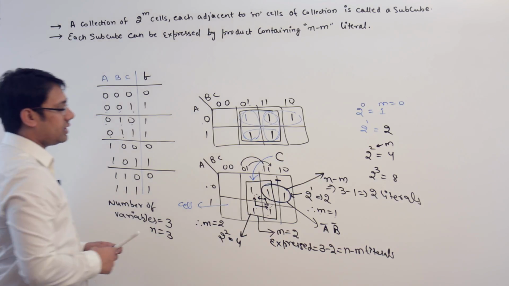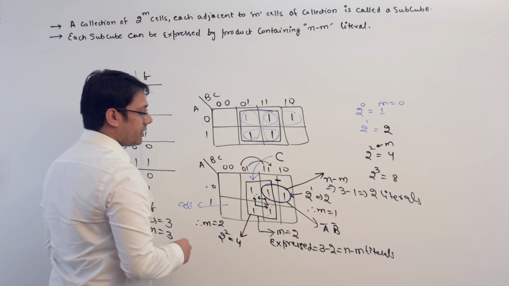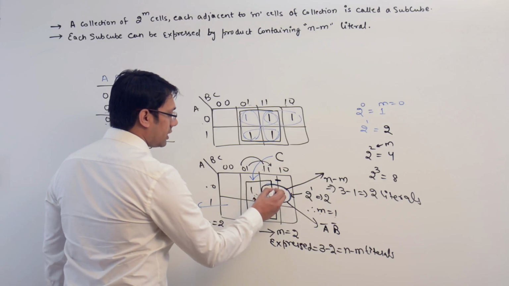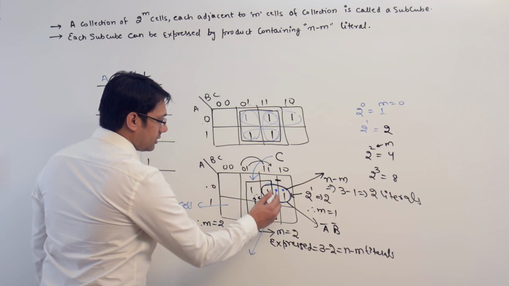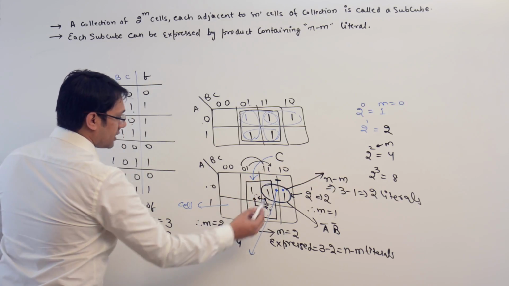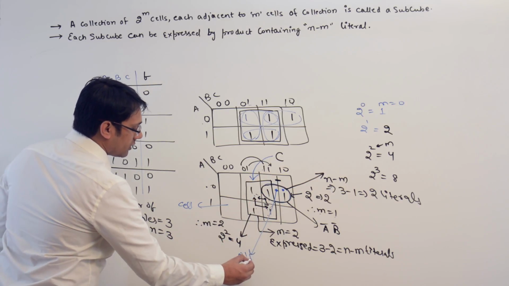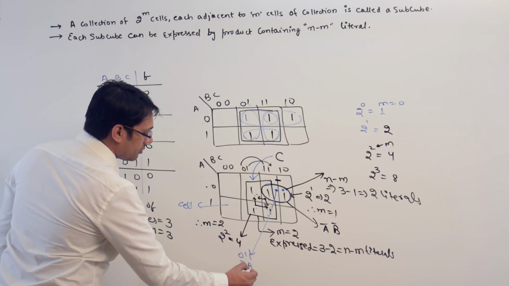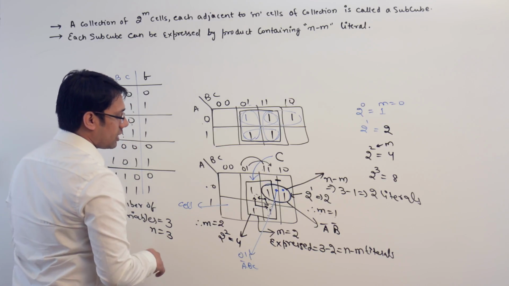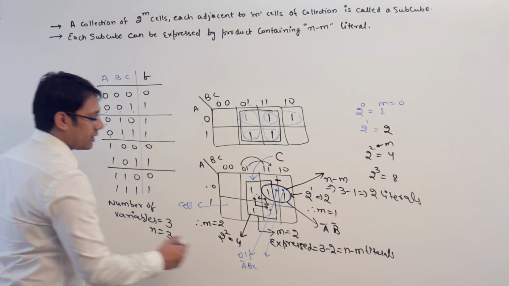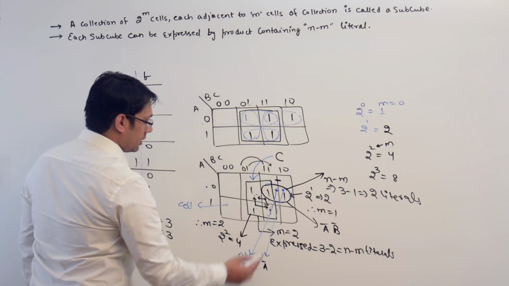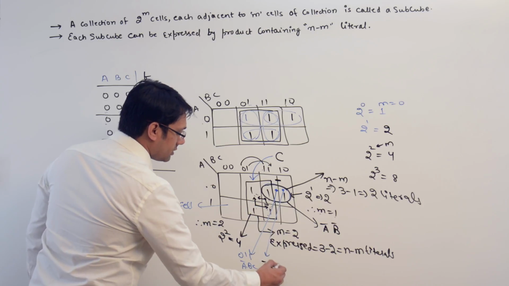Okay, so see how we got this. If you take this particular cell and this particular cell, then this cell is representing 0, 1, 1, or you can say A complement BC, and this cell is representing A complement B, C complement.